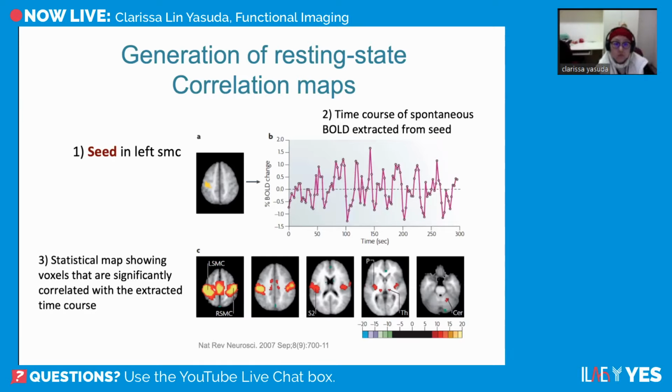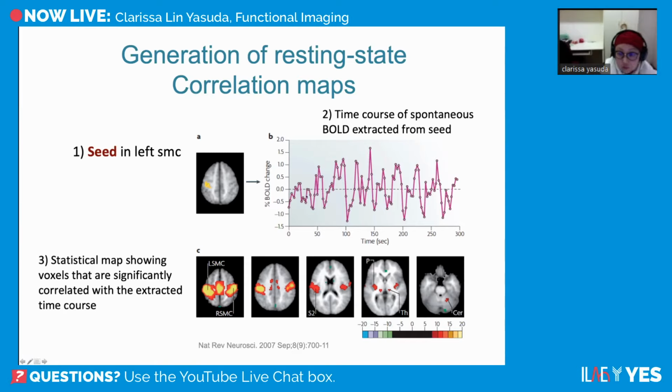And how do we study this functional connectivity map? So you have the subject, you acquire the image, the subject was lying down and just resting. And, for example, you want to see what is correlated with the left motor region, okay? So for that, you will define a region of interest, which we call a seed.